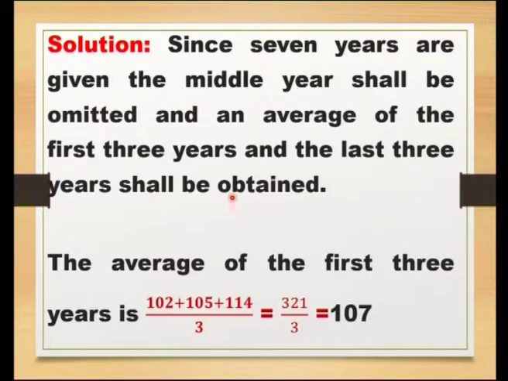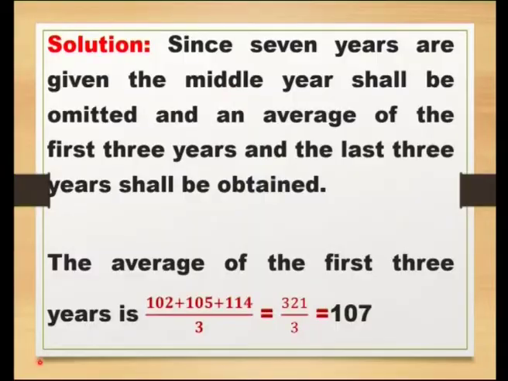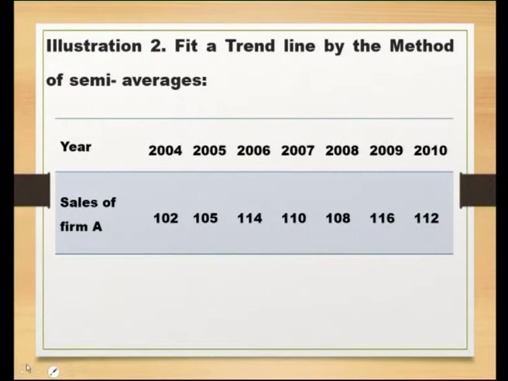The solution goes like this. Since 7 years, from 2004 to 2010, are given, the middle year should be omitted and an average of the first 3 years and the last 3 years shall be obtained. That is, 2004, 2005, 2006 are the first 3 years, and the last 3 years are 2008, 2009 and 2010.